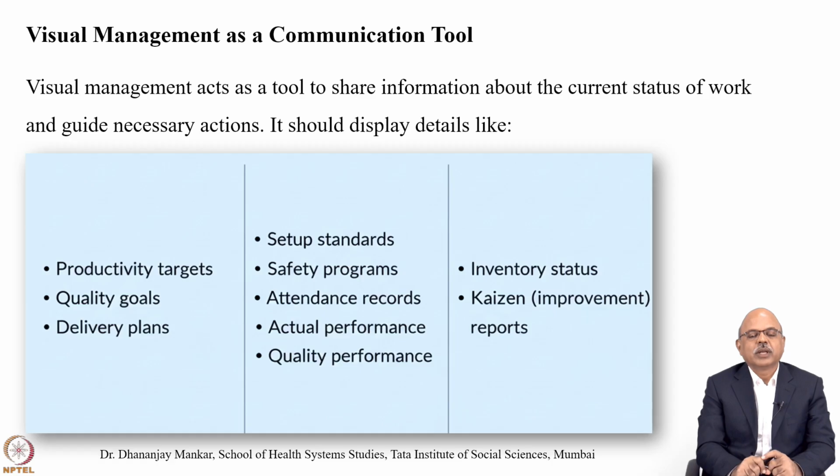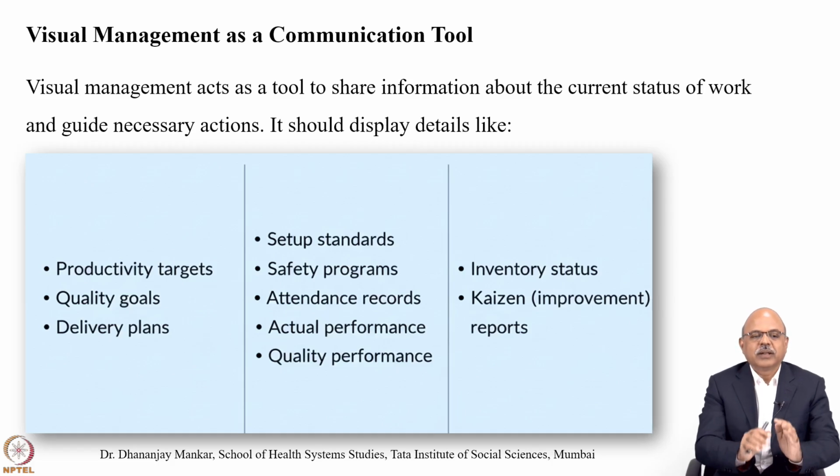Visual management as a communication tool. As I said, visual management is very important as a communication tool. Visual management acts as a tool to share information about the current status of work and guide necessary actions.